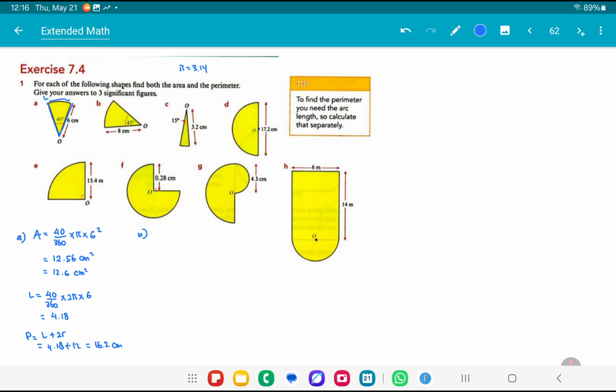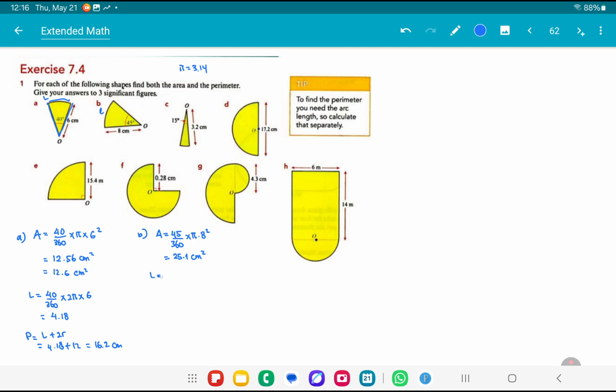For question B, the angle equals 45. So the area equals 45 over 360 multiplied by pi and the radius equals x, so we write x squared. By using the calculator, 45 divided by 360 multiplied by pi and 64, we got the answer 25.1 centimeter squared.